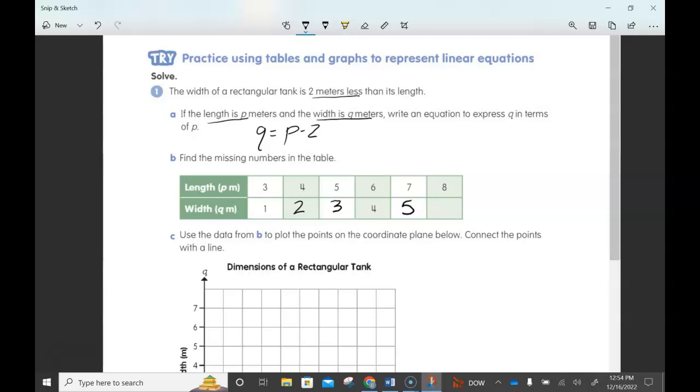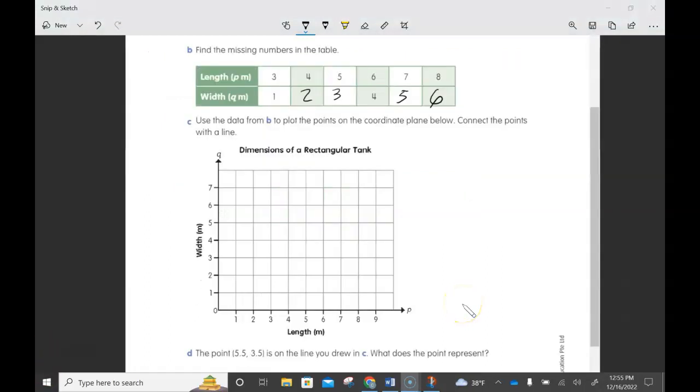P, which would be 8, minus 2 would give you 6. So we can see the independent and the dependent variables here. Once again, our linear equation is q equals p minus 2. The p, the length, is the independent variable, and q is the dependent variable.